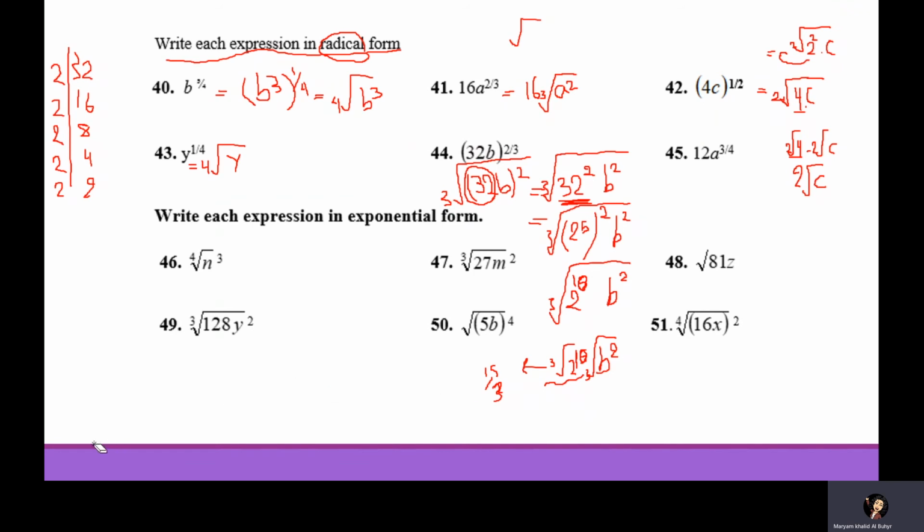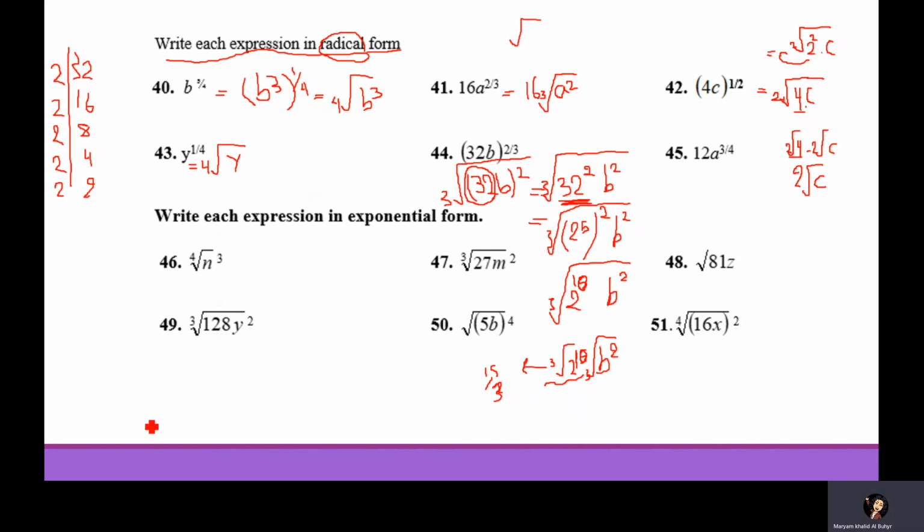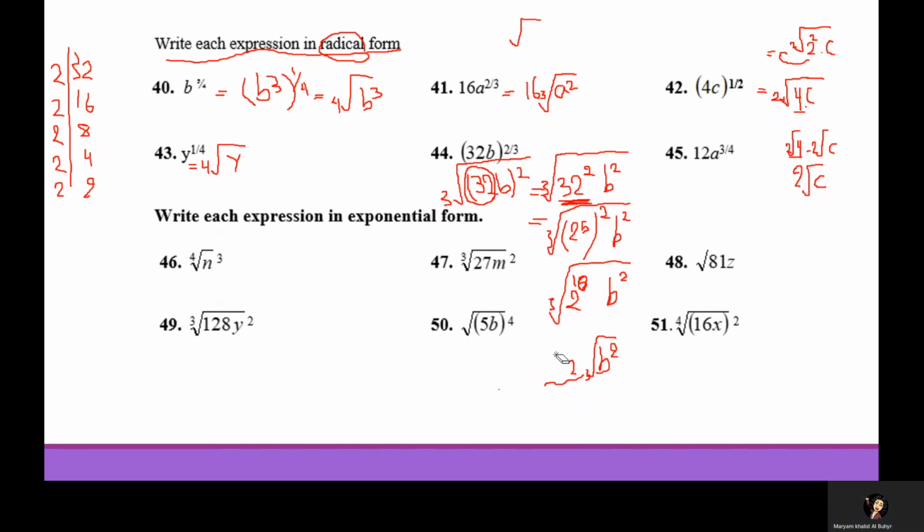Now again, I learned before how to write from this step. So that here I can rewrite this one. It is like the opposite direction of a to the power m times a to the power n, which is equals to a to the power m plus n.